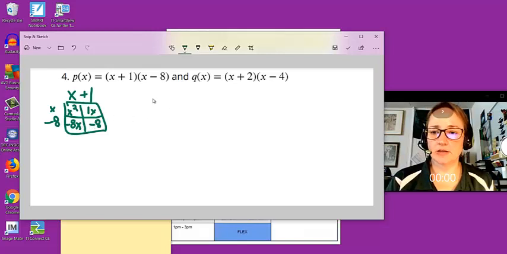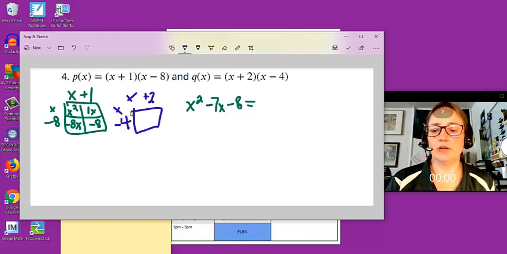So on the left side of this equation, multiplying this all out, I would have an x squared minus 7x. Remember, you're combining like terms from your grid. And it would equal x plus 2, x minus 4. Complete that whole grid.